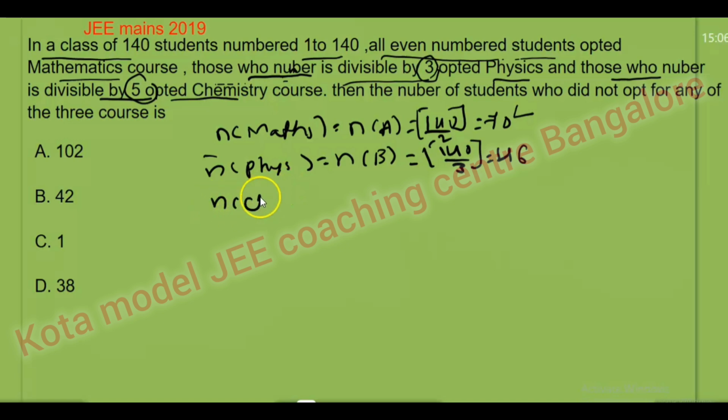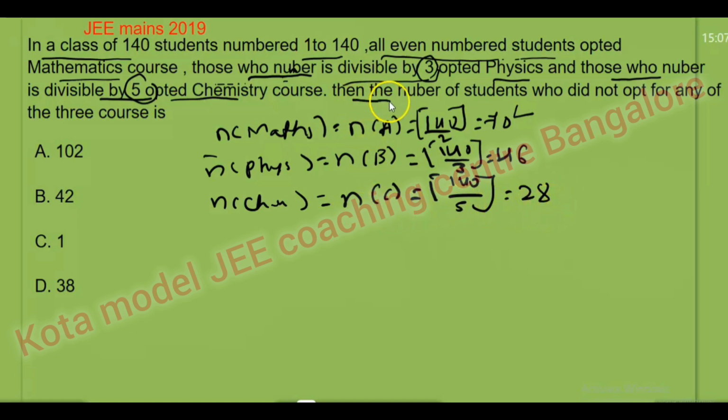Then n of chemistry is considered n of C, 140 divided by 5, which is 28 students opting for the chemistry course.